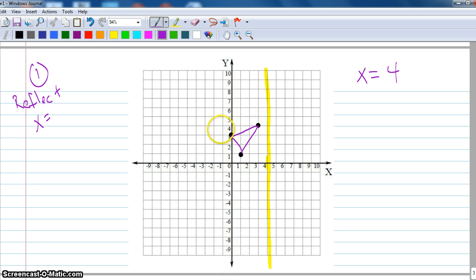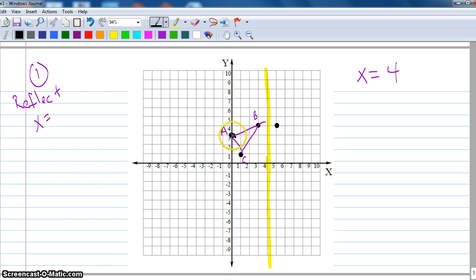I should probably label them A, B, C. Here's B. How far are you away from this yellow line? You're 1 away. So go 1 more over here. This is your brand new B, that's your B prime.